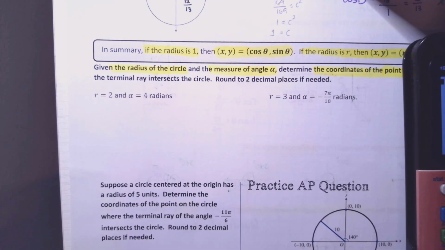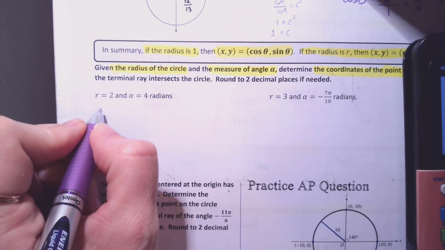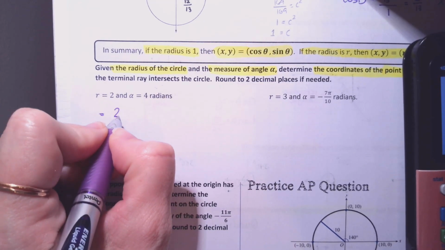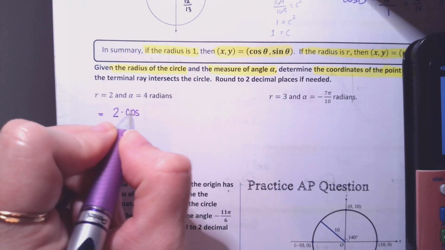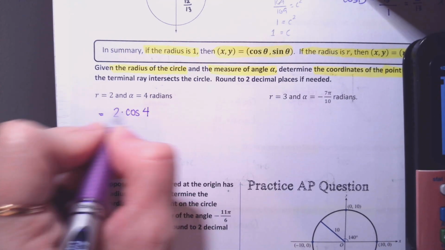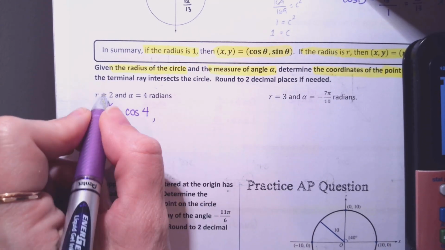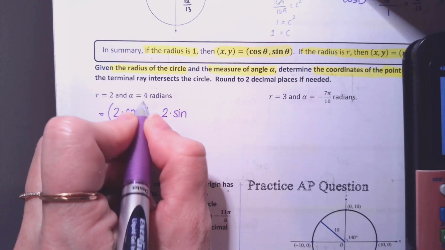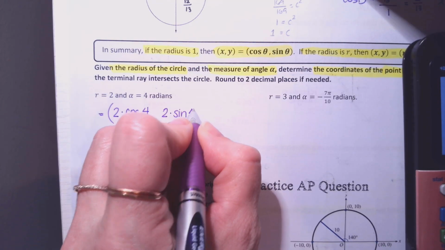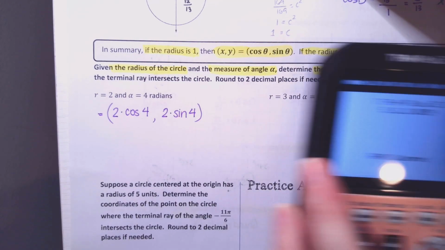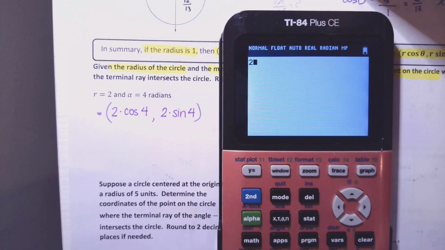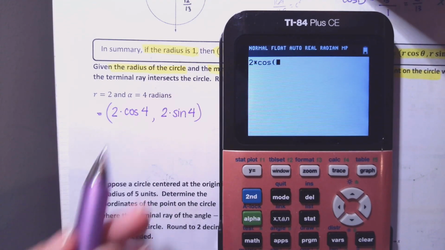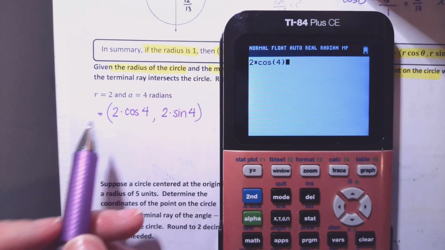So for the first one, to find the coordinates of the terminal ray, we're gonna say, well, it's just 2 times cosine of the angle, which is 4 radians. That's the first one. And then our radius again, 2 times sine of the angle, which is again 4 radians. So to do the calculation, I'm going to do 2 times cosine of 4 radians, and my calculator is in radians.